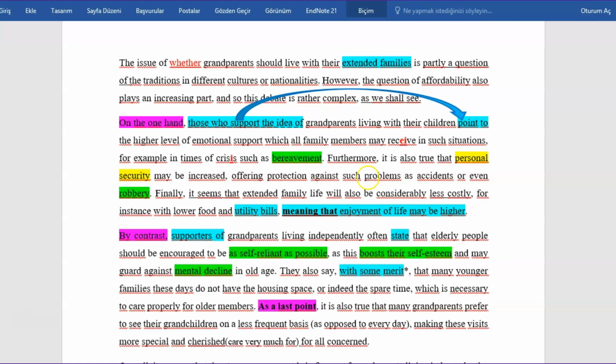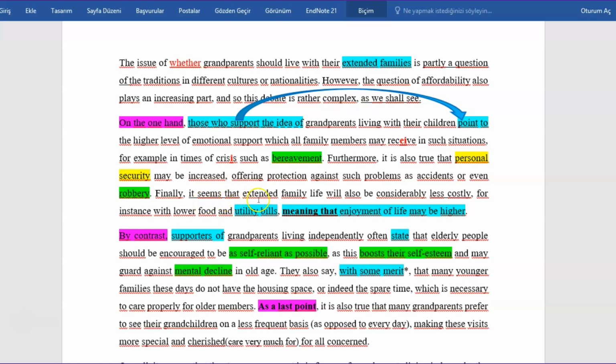Furthermore, additionally, in addition to this, it is also true that personal security may be increased by offering protection against such problems as accidents or even robbery. That's true.